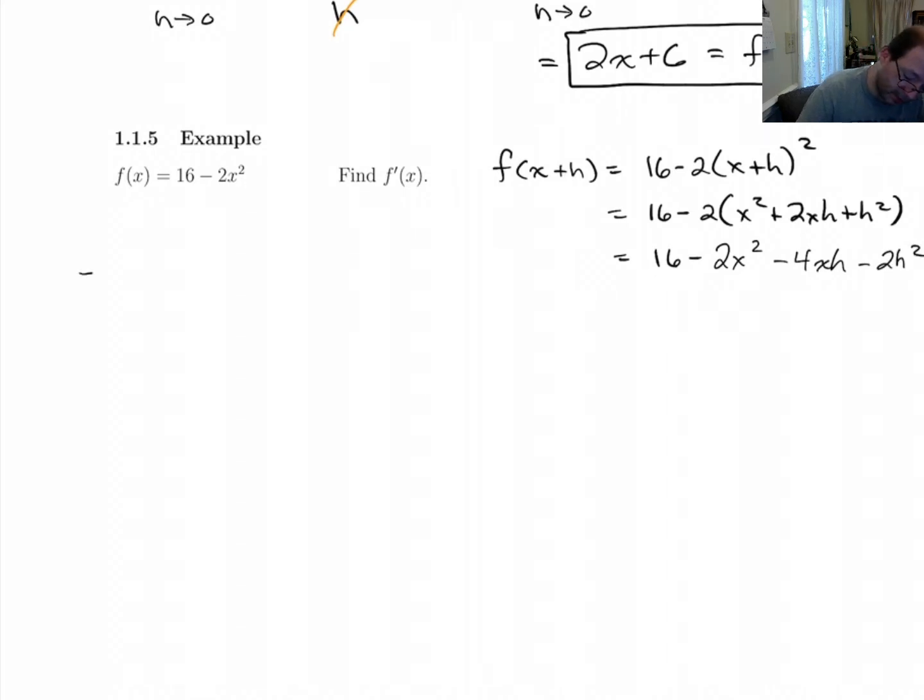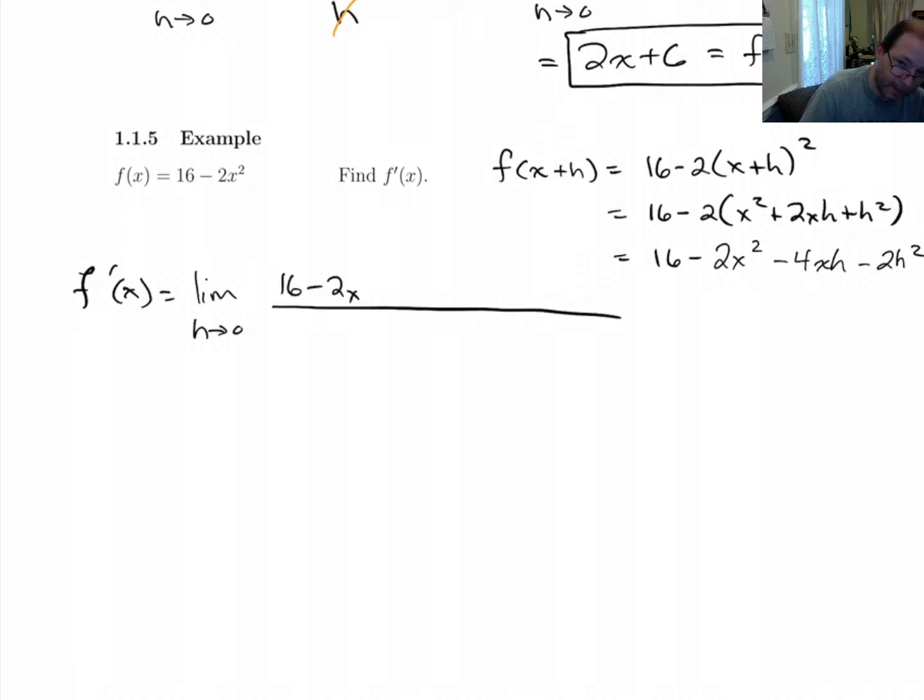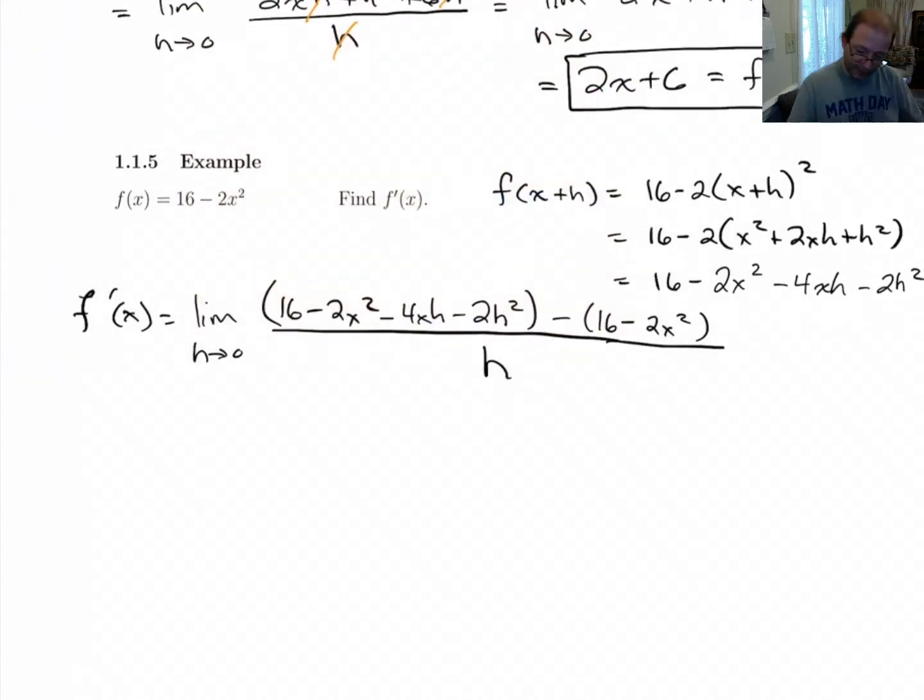Then I'm going to substitute those in, get f prime of x is the limit as h goes to 0 of that minus 16 minus 2x squared over h.